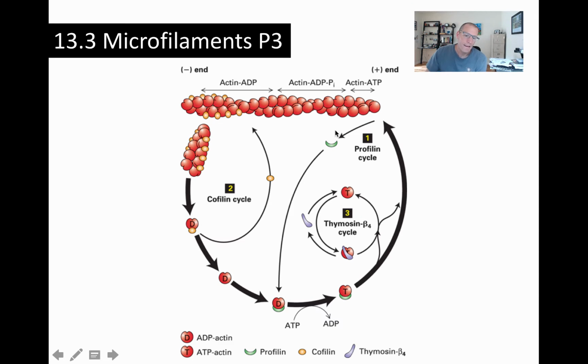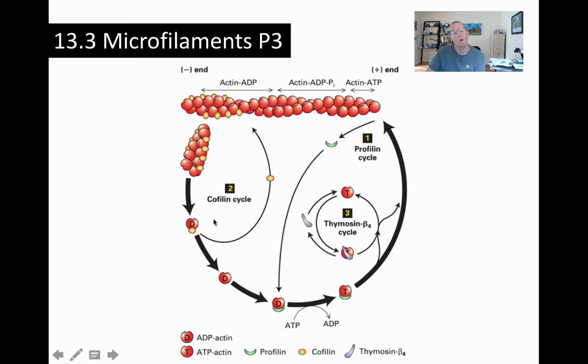What profilin does is it takes actin that's bound to ADP and switches it out for ATP. So you go from an ADP bound form, that's the D here, to an ATP bound form, and then profilin delivers the ATP bound actin to the plus end of the microfilament, and that's always in competition with the thymosin beta 4 protein, which is trying to grab hold of the actin and keep it sequestered so it cannot be polymerized on the plus end.